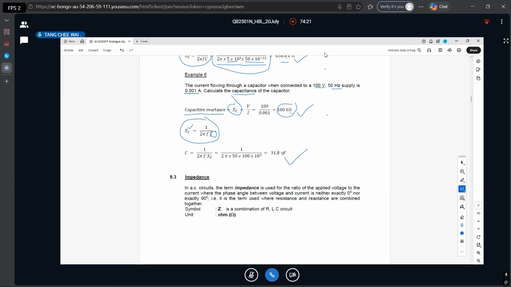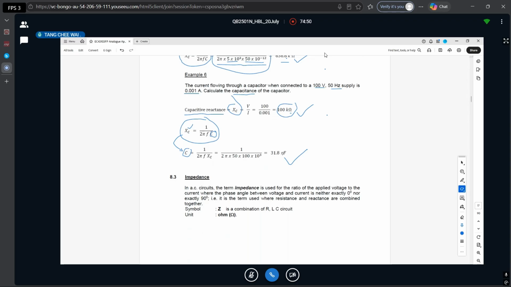Are you okay? Now this part is just about rearranging only. From here, it comes to here, it's just about rearranging the terms. Okay, in other words, all the 2 pi f I bring over to the other side, and switch over the XC and the C. All right, then when you come to here, you find C. You will get 1 over 2 pi f XC.